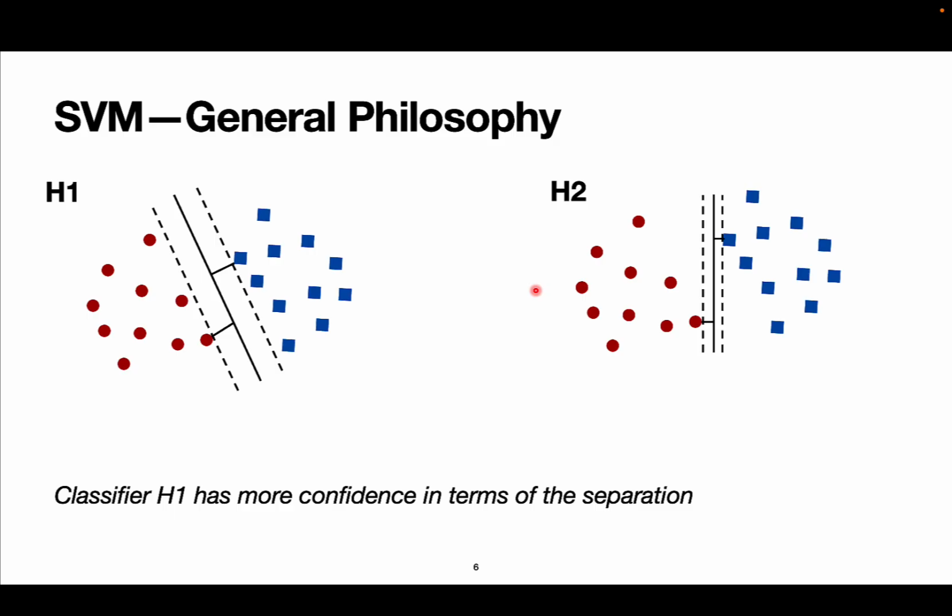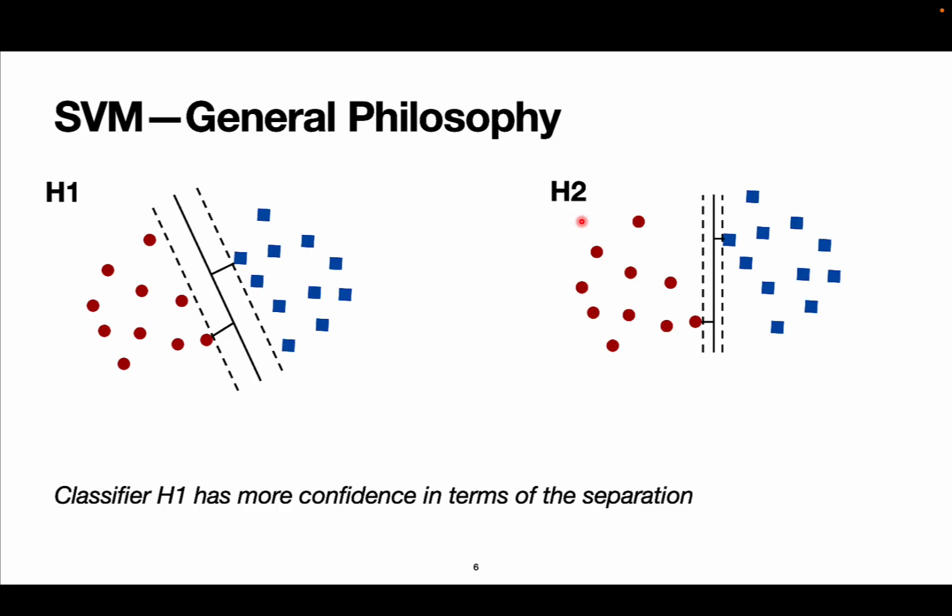SVM looks at the distance between the decision boundary and the nearest points from each class. This is called the margin. So if we take H1, the nearest points from the two classes seem to be farther away, which is creating a larger margin in comparison with H2, which has a smaller margin.